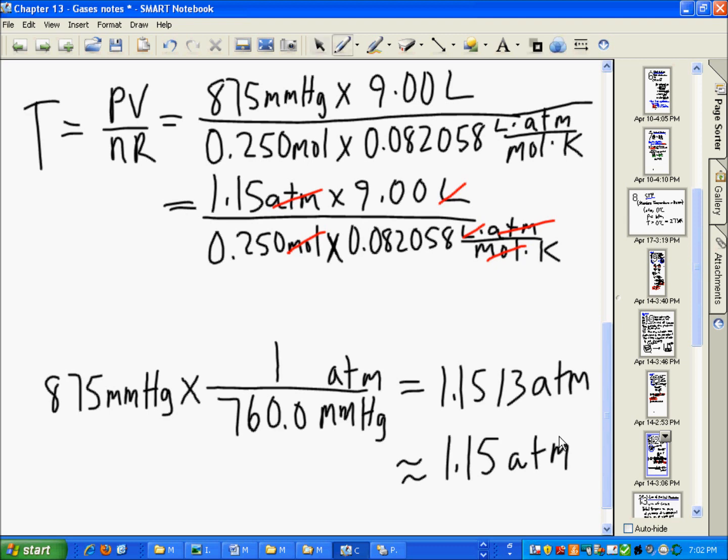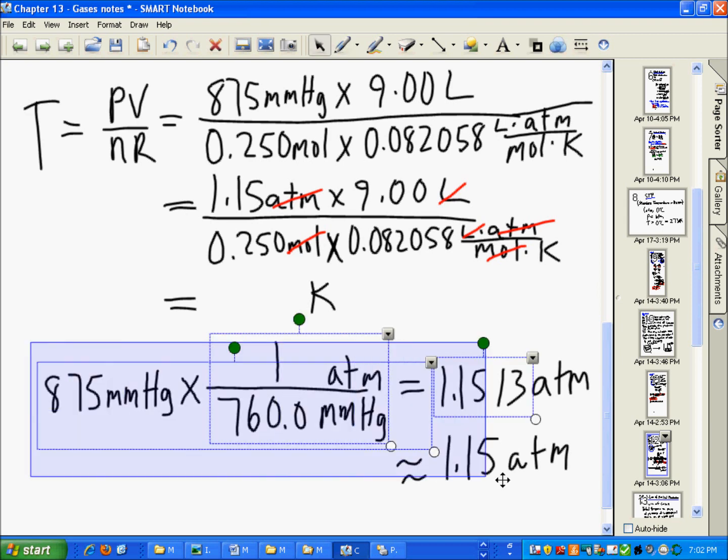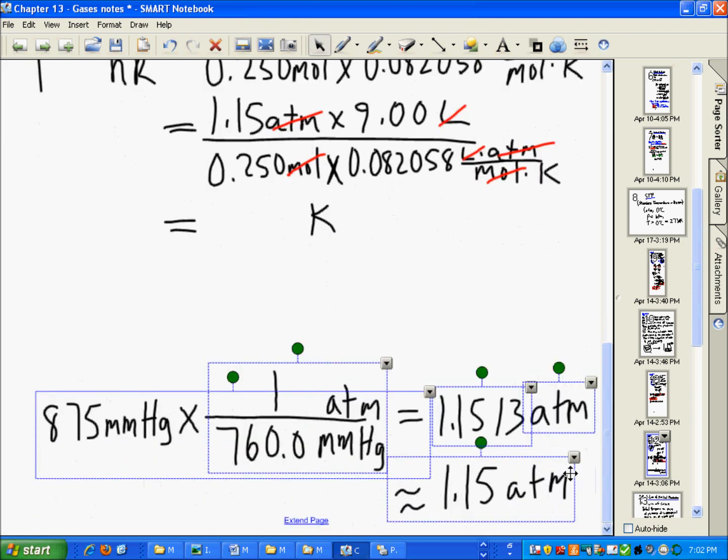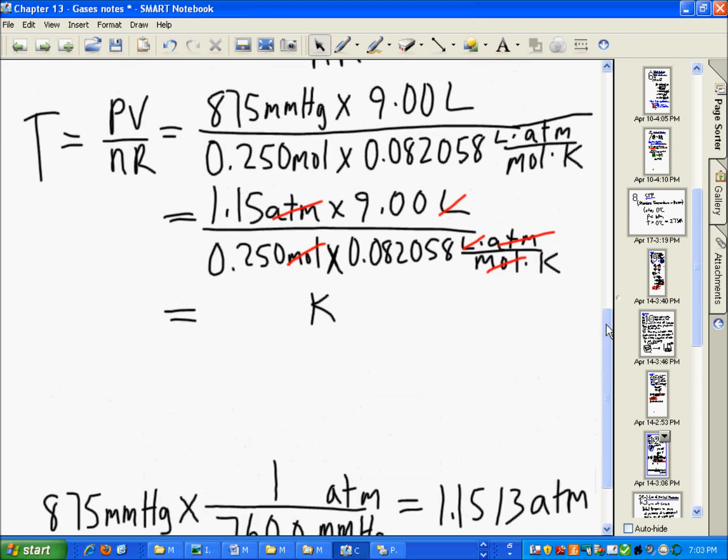So our answer is in kelvins, which is good, because we want an answer in temperature units. 504.521, and that's approximately equal to, should be 3 sig figs, 505.